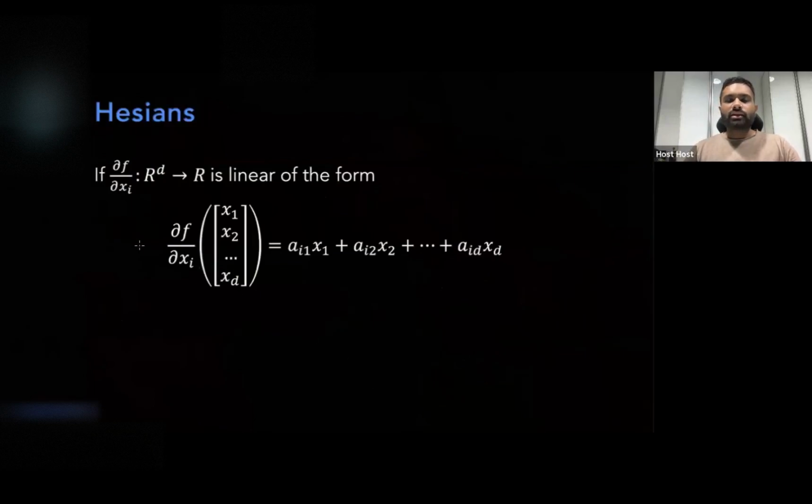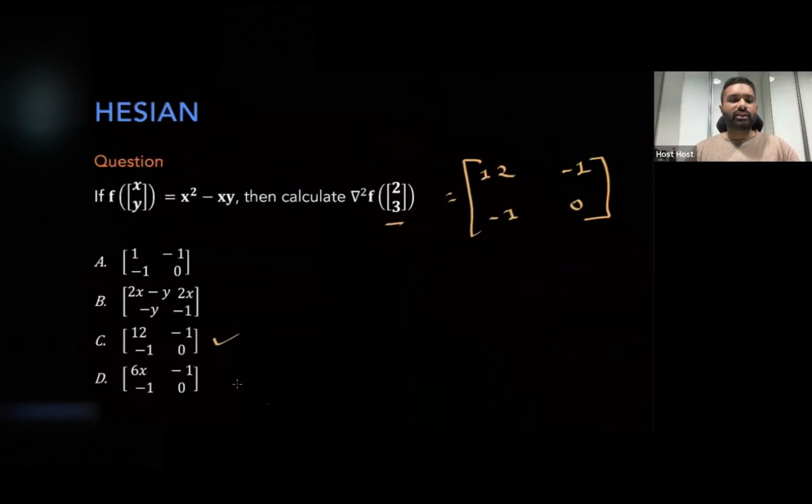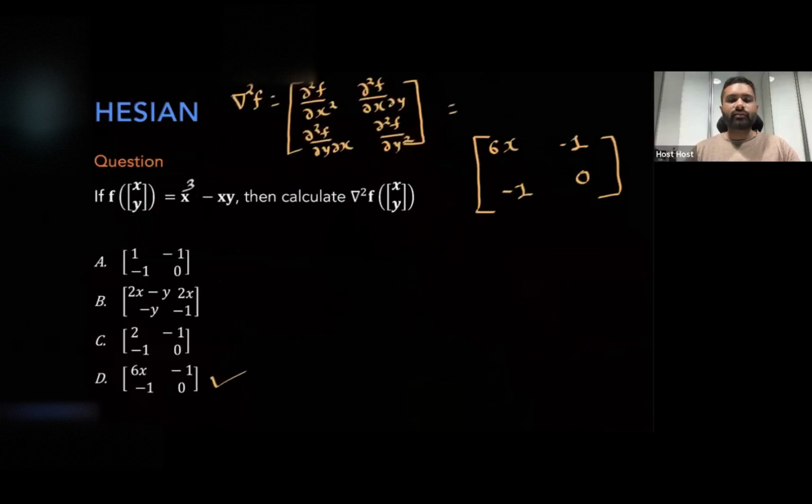So I assume a specific form of the function in such a way that the first partial derivative is a linear function. So del f by del xi, or del f by del x and del f by del y, are linear. In this particular case, were they linear, del f by del x and del f by del y?